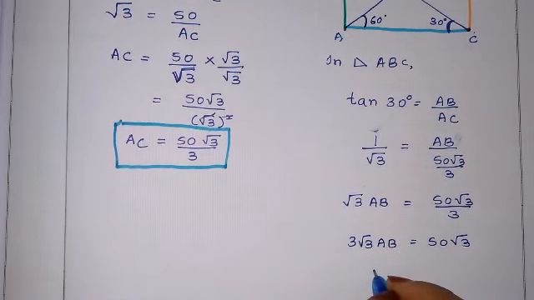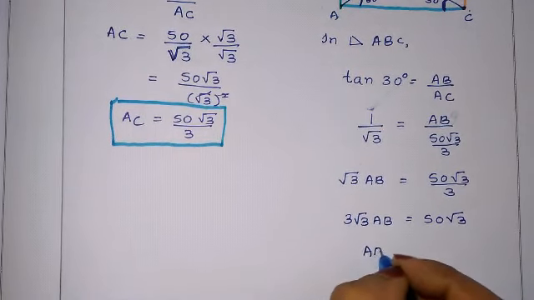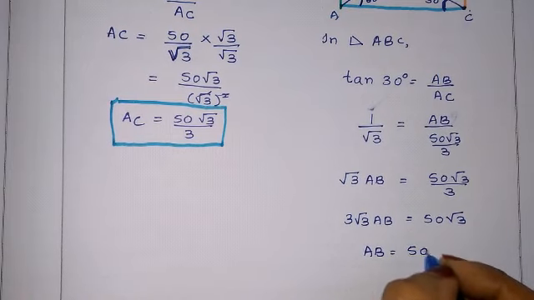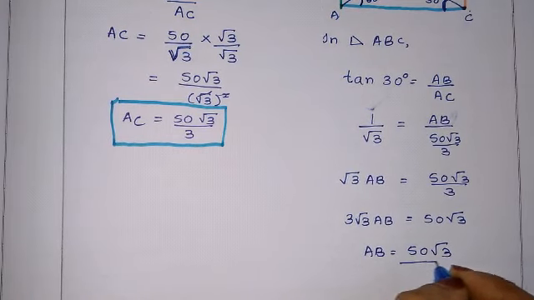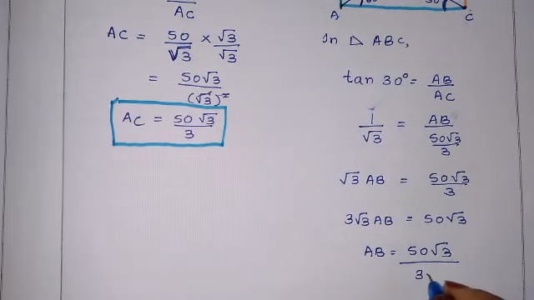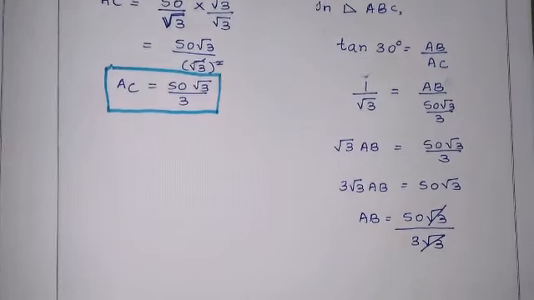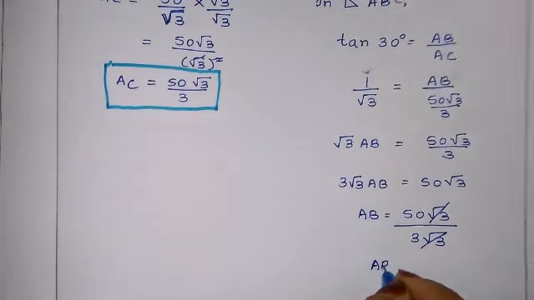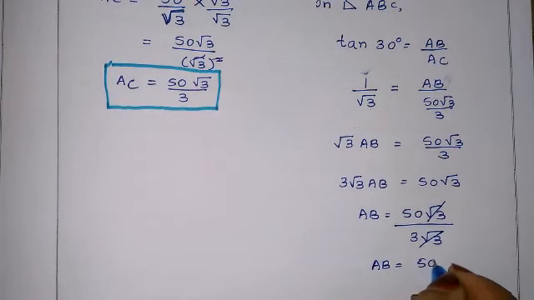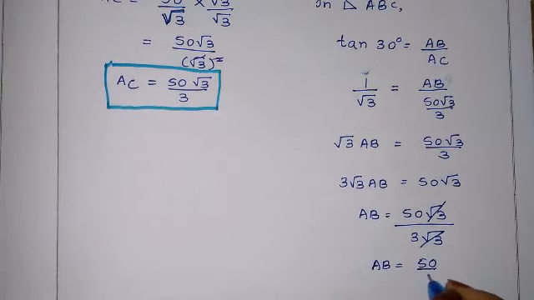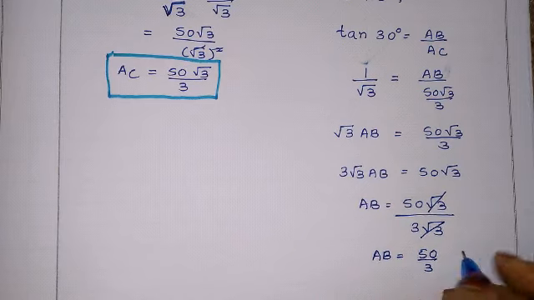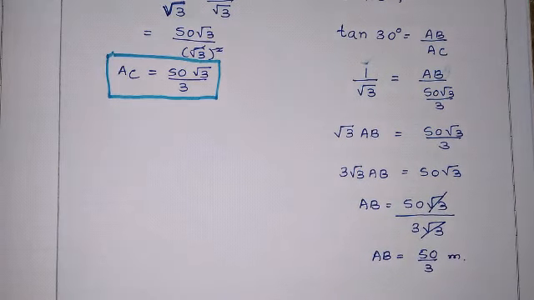AB is equal to 50 root 3 upon 3 root 3. Now we can see here root 3 gets cancelled. AB is equal to 50 by 3. See, it is in fraction form.